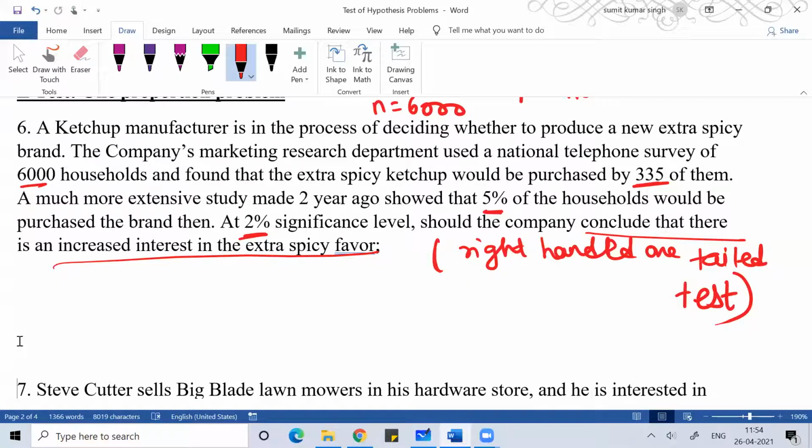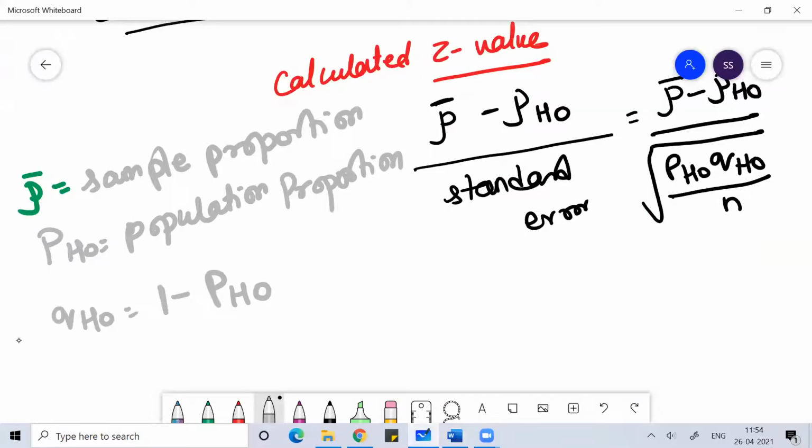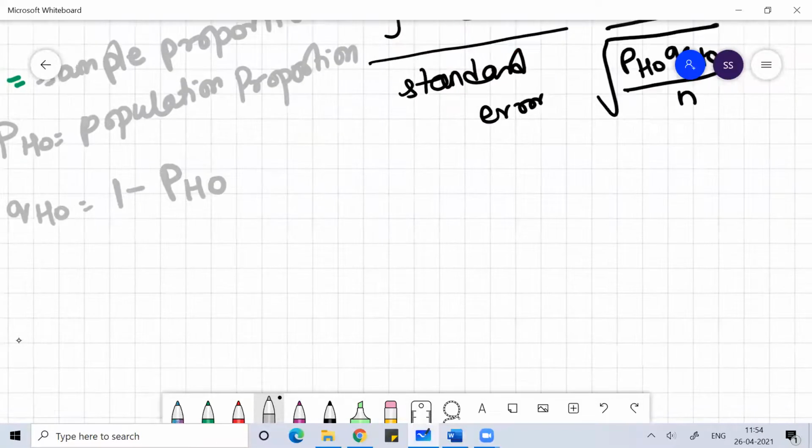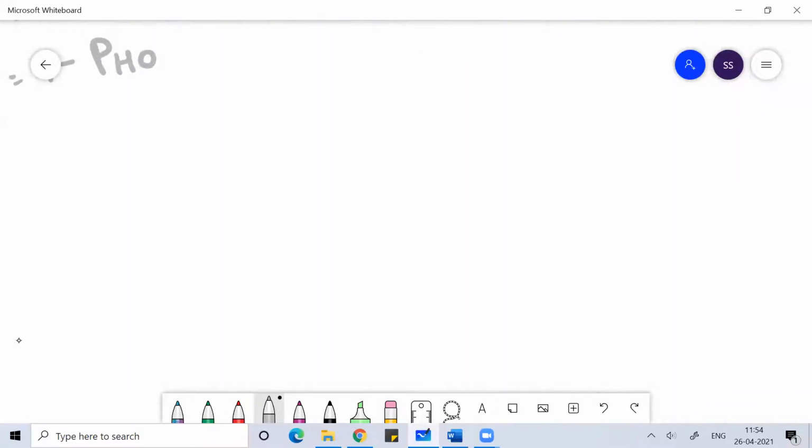Once you have an idea about these values, whenever you get a problem, you write the null hypothesis.